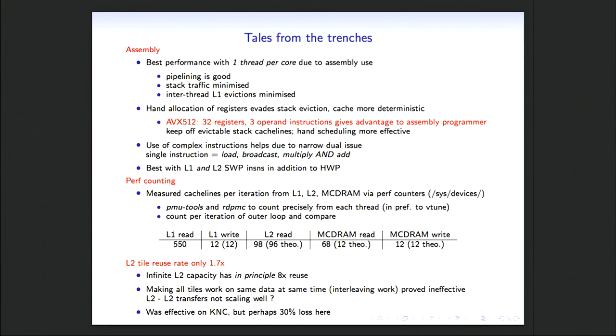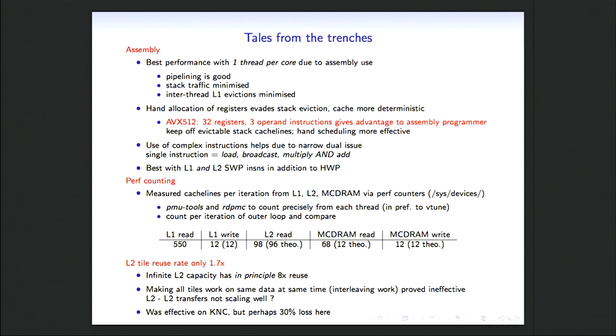Some tales from the trenches. Best performance is achieved with 1 thread per core due to my careful use of assembly. The reason for that is that, having got the pipelining really good, I minimize stack traffic because I can allocate the registers by hand, so there's nothing living on the stack that can be evicted by the streaming data for this kernel. That's why I'm using assembly, actually, to take control of the register allocation.